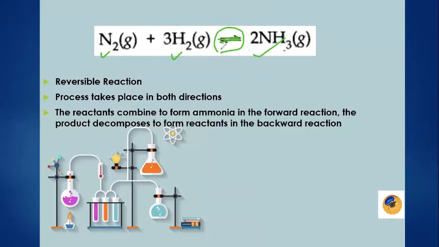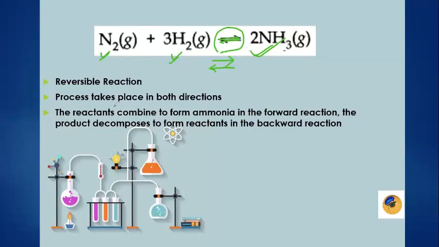This double-headed arrow basically means that the process is taking place in both directions. Nitrogen and hydrogen give ammonia, and this ammonia, which is the product, can decompose to give us hydrogen and nitrogen. So this is called a reversible reaction.